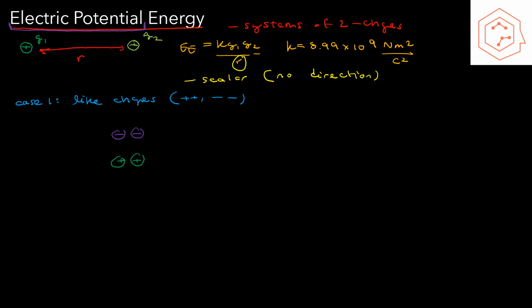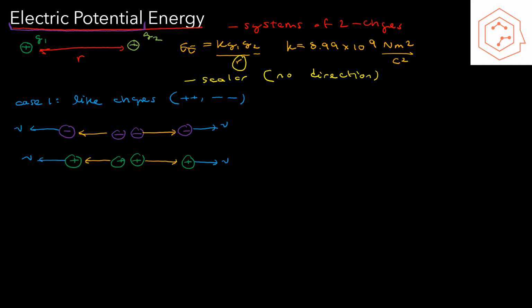Since they're both like charged, they will repel each other. After some amount of time, they're going to accelerate in opposite directions and have velocities in opposite directions. So in each case, they will have some velocities after some amount of time.